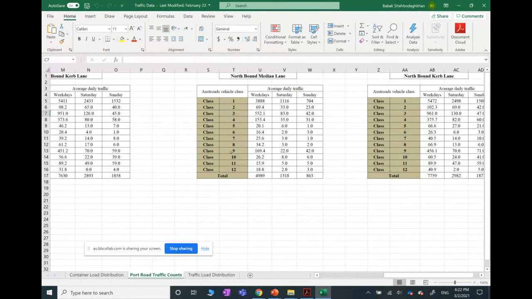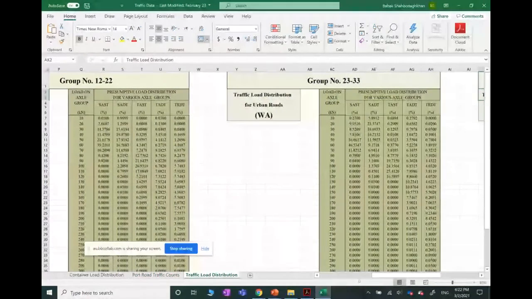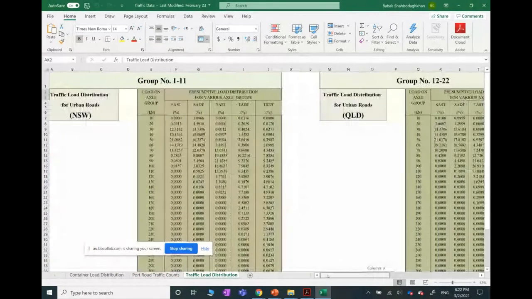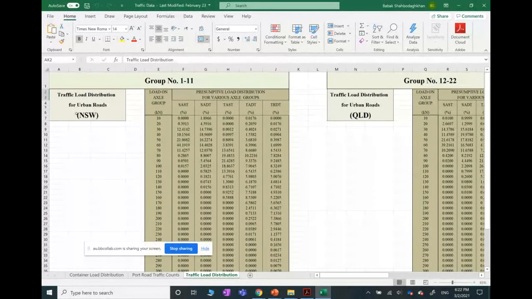Also, because here we don't have any information about the magnitude of the load, right? The weight of the loads. So now, in order to get some information about that one, I brought you the presumptive values for different states.